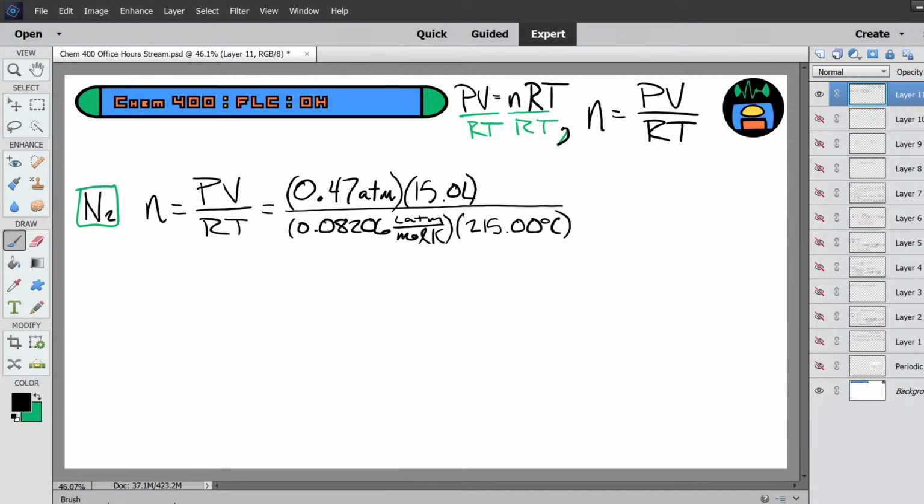If you plug in these numbers as is, you'll notice that liters cancel liters, atmospheres cancel atmospheres, but you'll notice there's a problem. Our temperature unit in the ideal gas constant is Kelvin, and our temperature unit that was given was Celsius. These do not cancel, so we need to do a unit conversion before we can actually crunch our numbers.